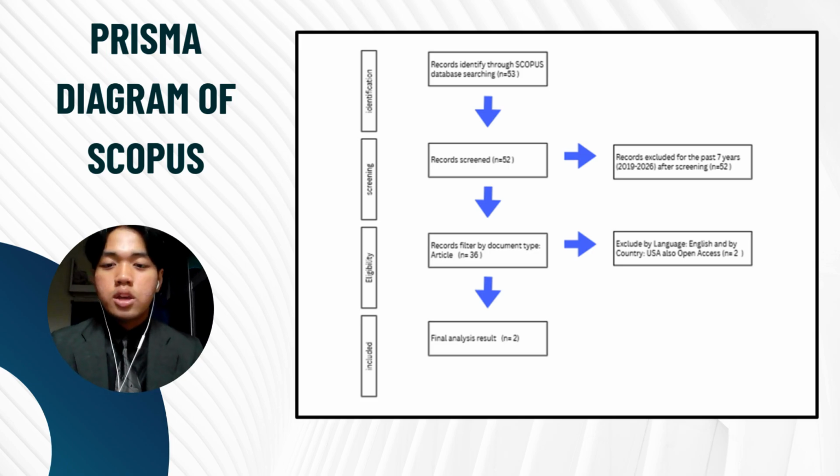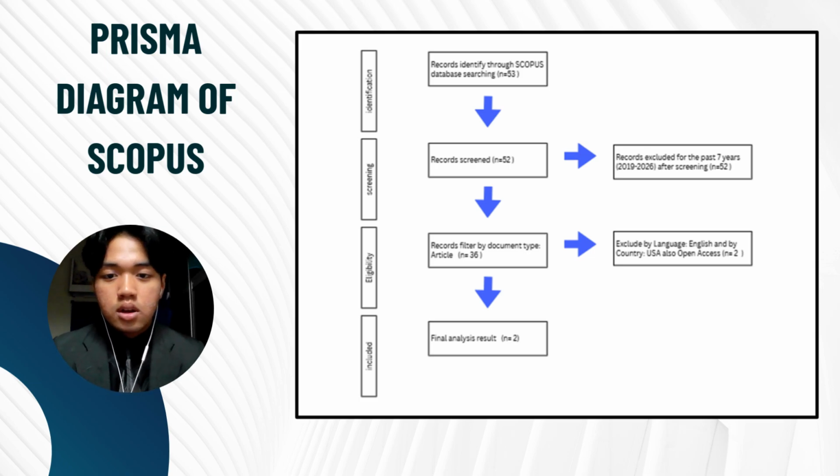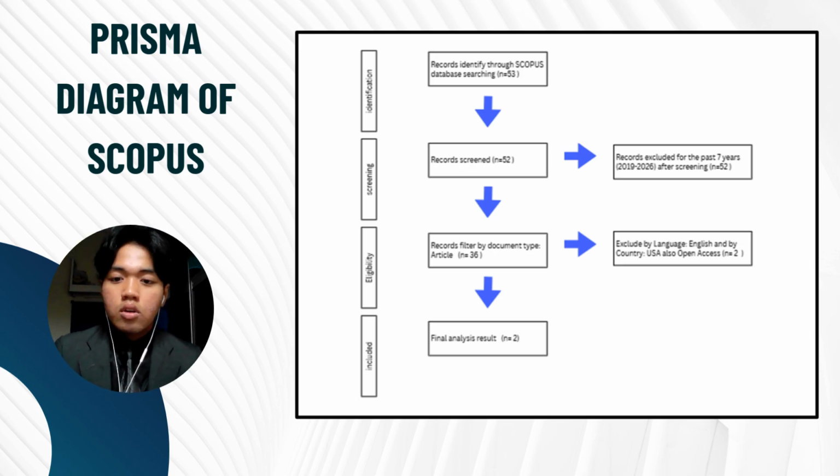After all that filtering, finally we got our PRISMA diagram of Scopus. As you can see in this diagram of Scopus, in the first step we got 53 documents found for our keywords, even before applying all those filters.